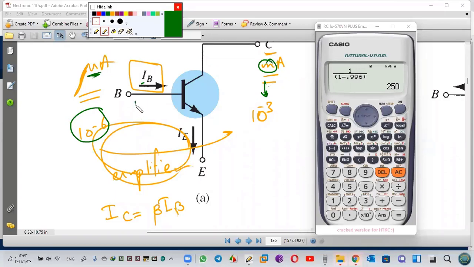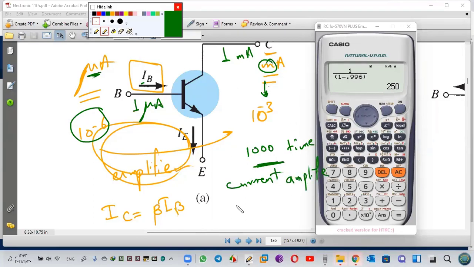If I have, for example, 1 microampere here, I will get 1 milliampere. That means my current increased 1,000 times. This is called a current amplifier. And sometimes we call beta the current factor.